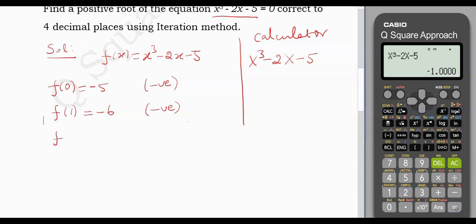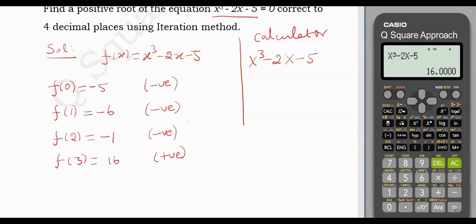Then f of 2 is equal to minus 1. Again in the calculator press the calculation button and give x is equal to 3. So f of 3 is equal to 16, which is positive.